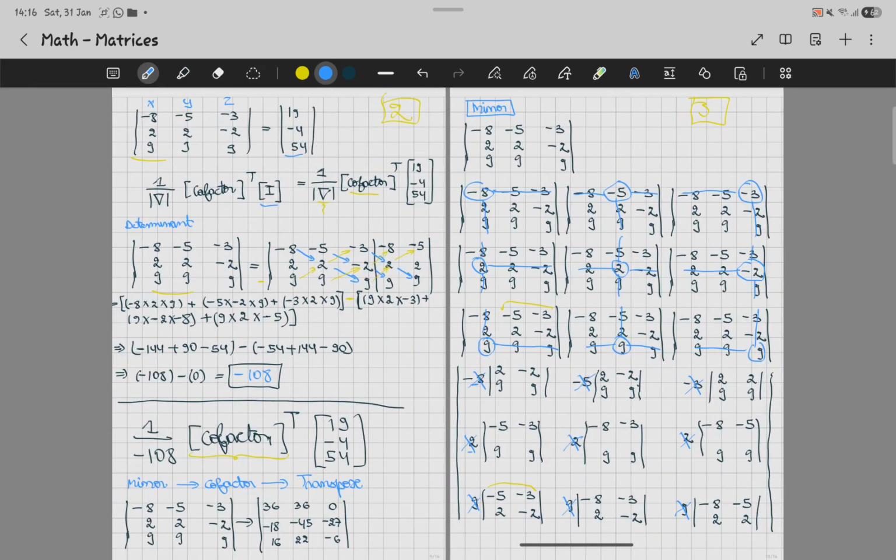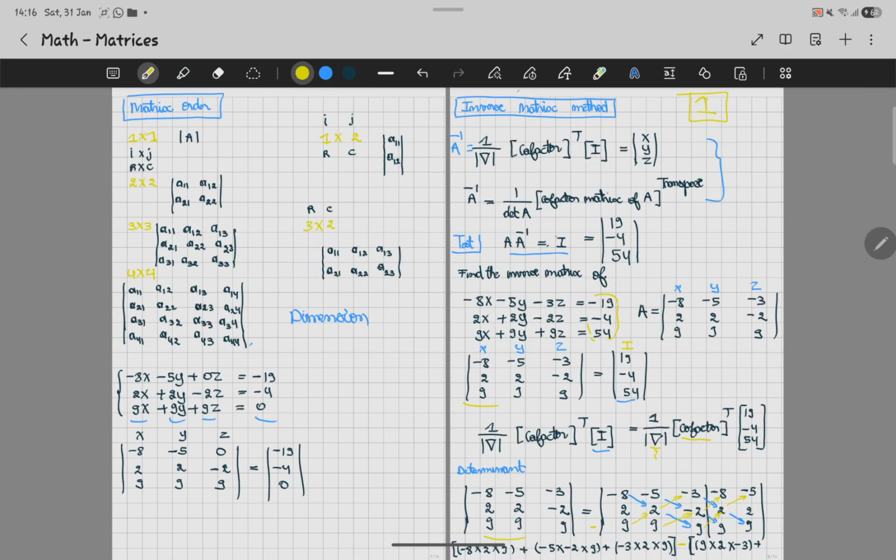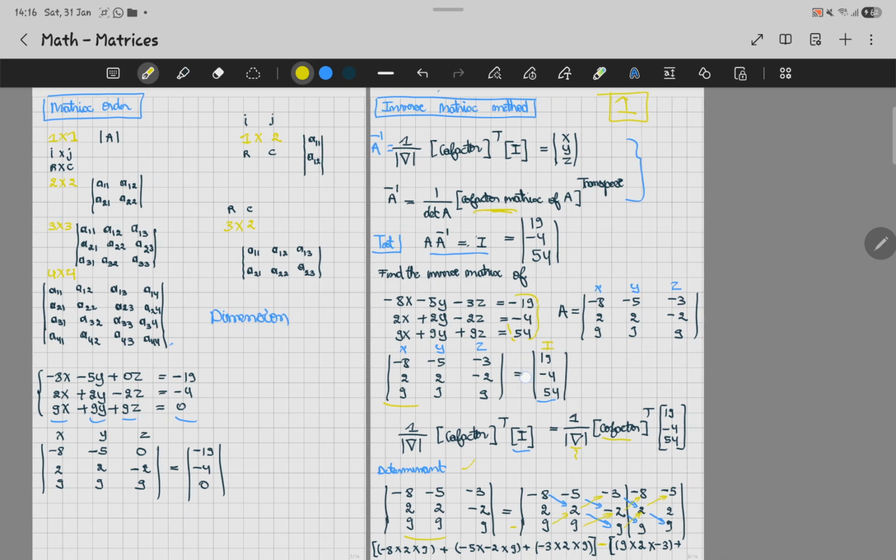If you start from the start, where we started at 1, this is where we started, and then we needed to apply this formula. We started by finding the determinant, as you see here.